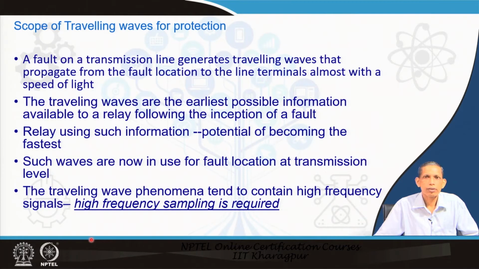However, the voltage and current signals available in the power system contain many other frequency components which may be informative. So, these are the other aspects: the travelling wave phenomena and allied things in the system during disturbances and faults, and how the corresponding travelling wave concept can be applied to protection.